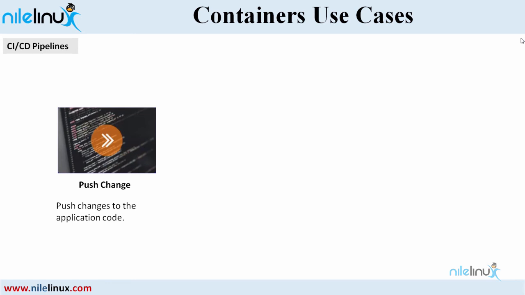Then finally, we can leverage containers with the CI/CD, or continuous integration and continuous delivery pipeline as a whole, just because the deployment and the creation of container images and containers in general really fits with the whole CI/CD pipeline concept.